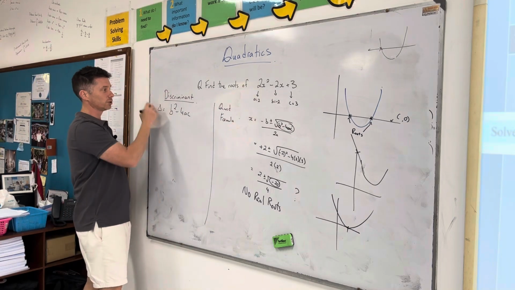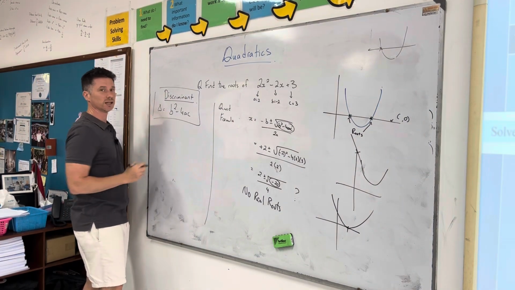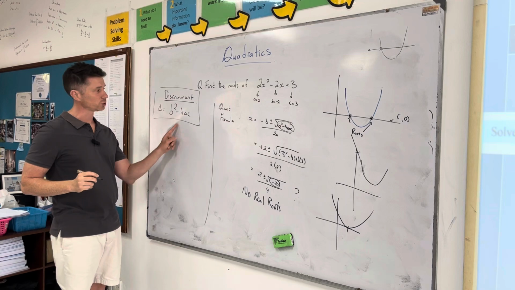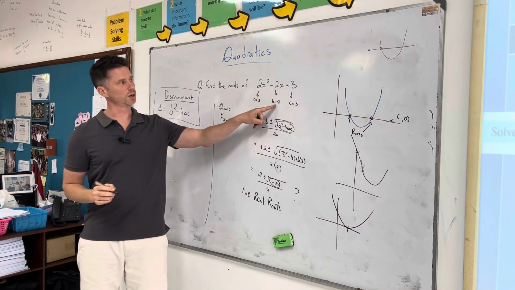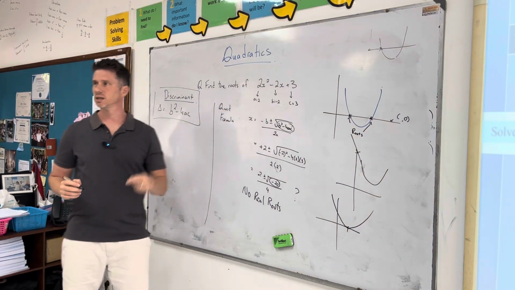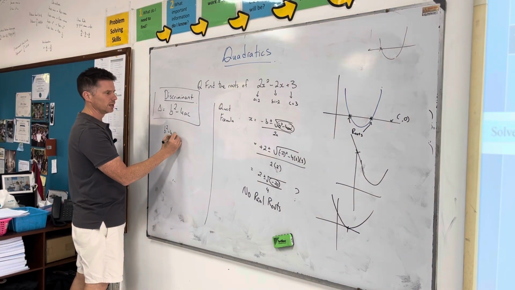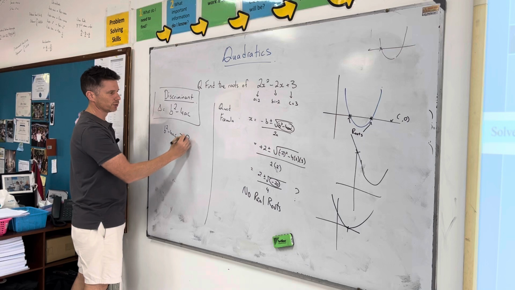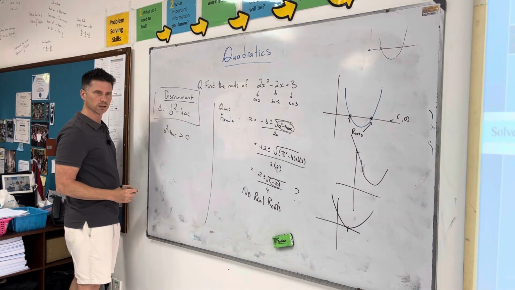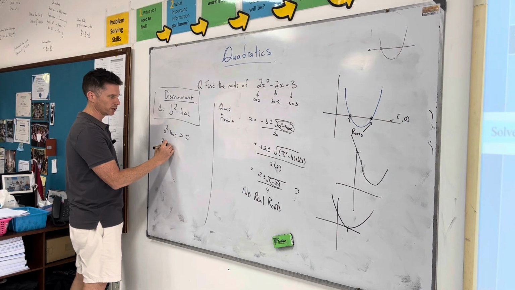So this discriminant tells a lot. If I just work out b squared minus 4ac, square this, take away 4 times this and this, I get an answer. If it is greater than 0, what can we say? There are 2 real roots.